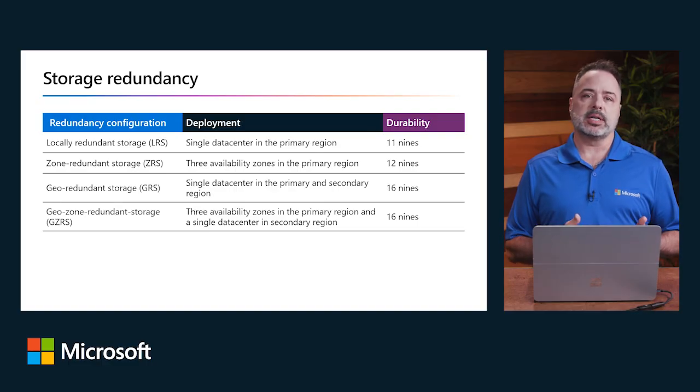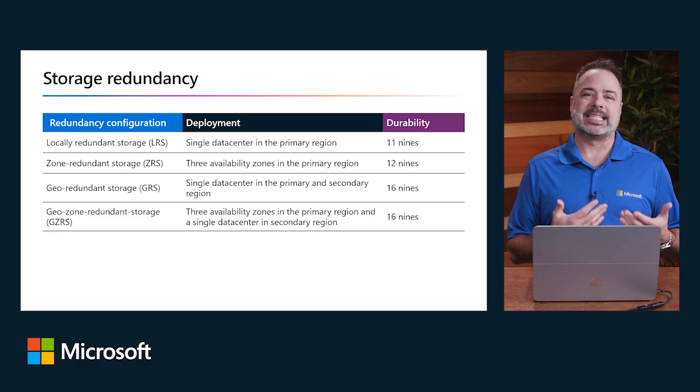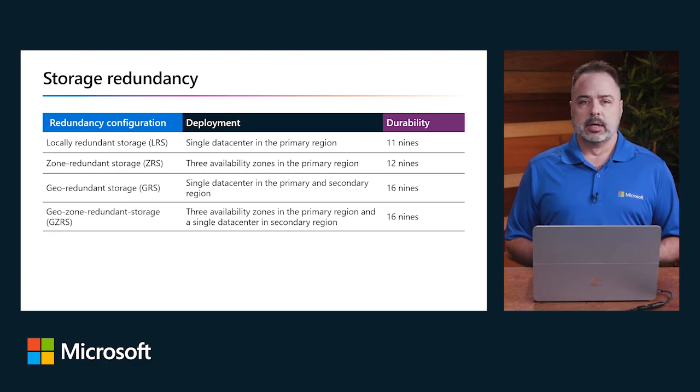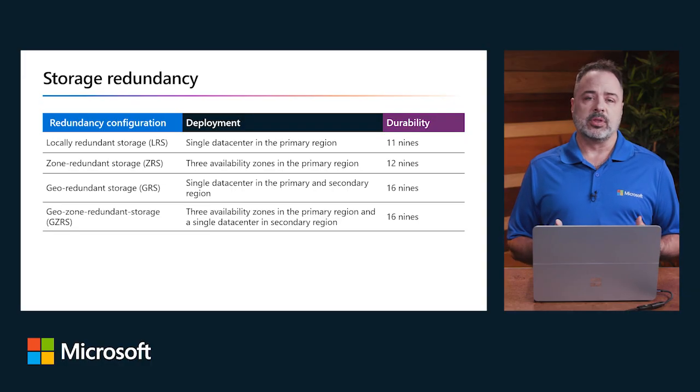This is the most cost-effective option, but may not provide sufficient protection against data center level failures. Zone redundant storage, or ZRS, replicates your data synchronously across 3 Azure availability zones within the primary region, offering higher availability and durability by protecting against data center level failures.